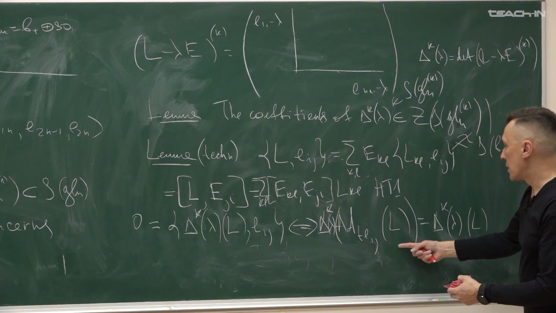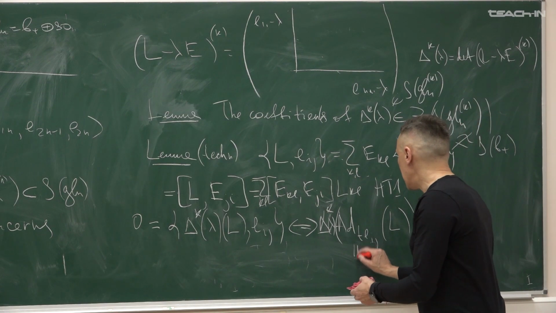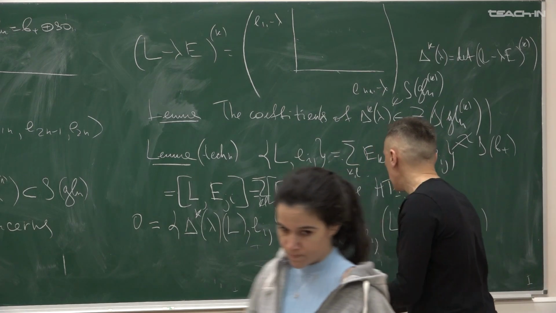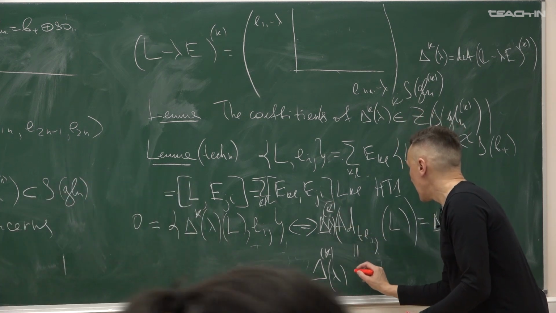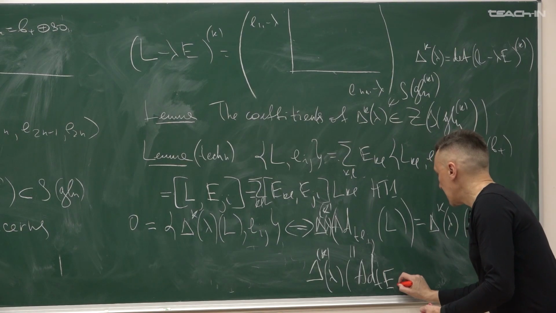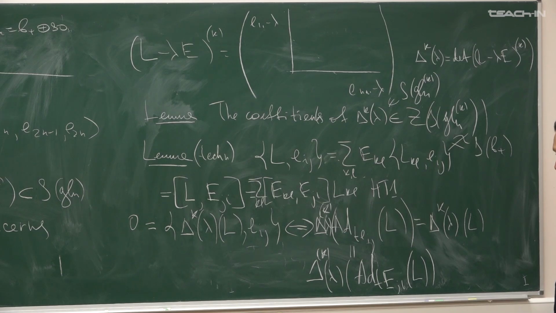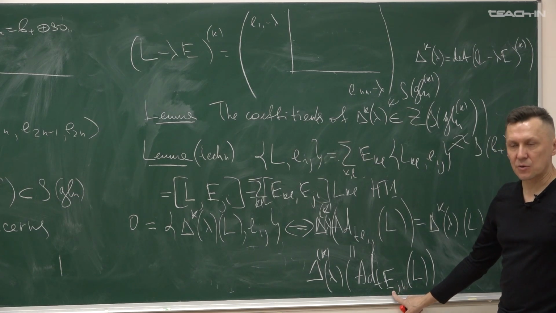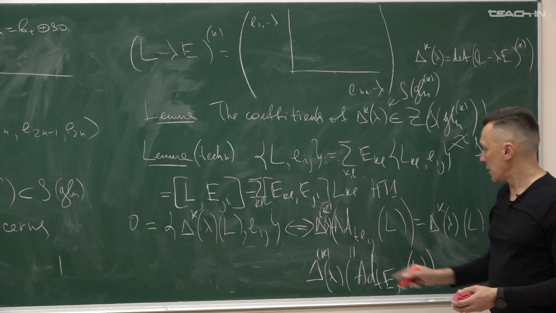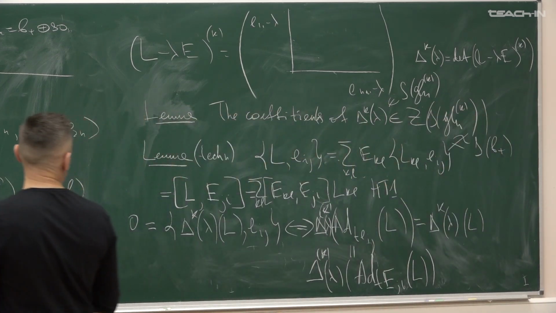So this action is the same thing as d lambda k of, I will write it like this, d Eji on L. I mean that it is an action of the matrix on the matrix part of the Lax operator. And this is quite easy to calculate. I will show you.